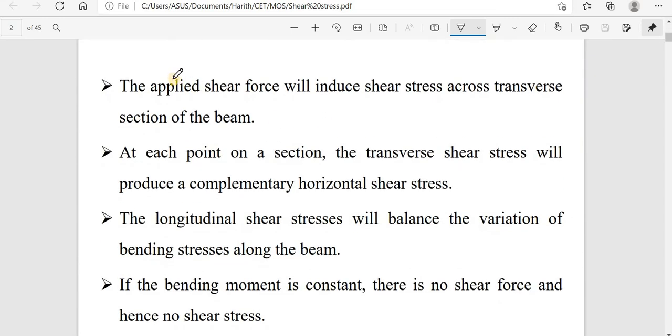Whenever we are loading a beam, there will be a bending moment and there will be shear force, and due to that shear force a stress will be developed, and that is known as shear stress.